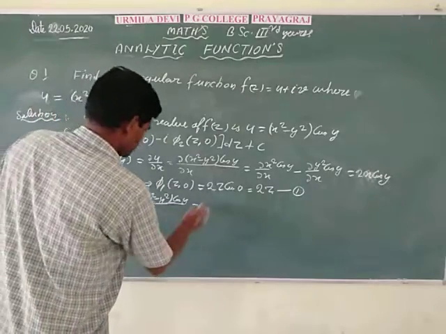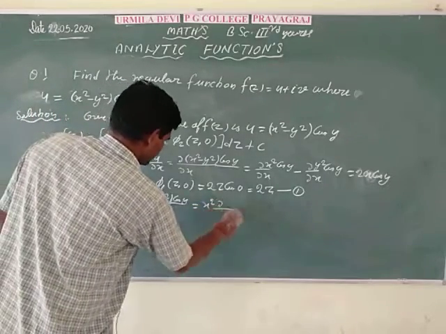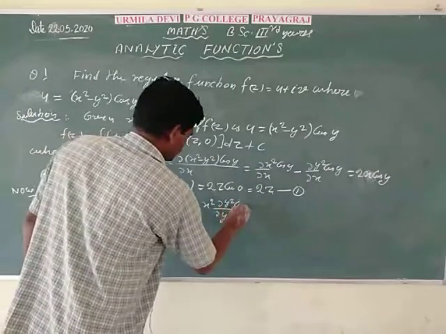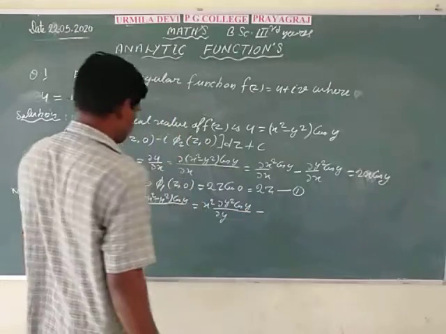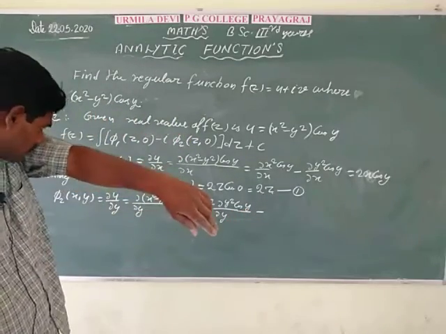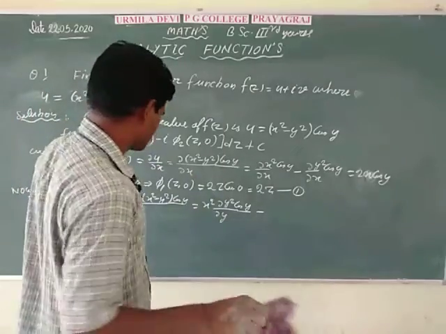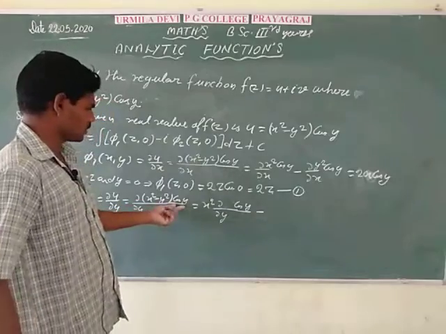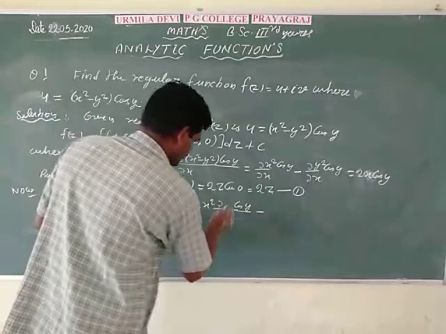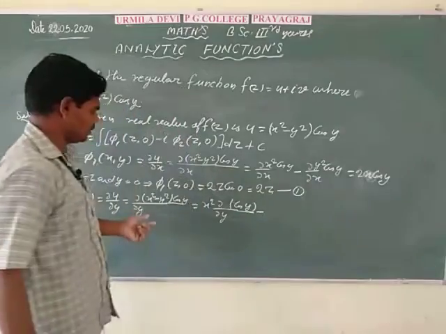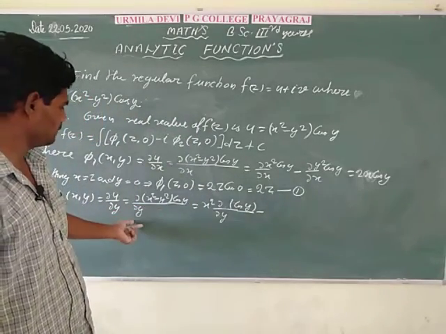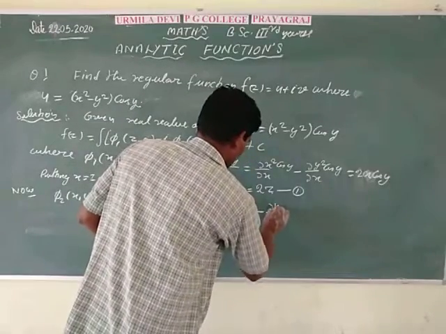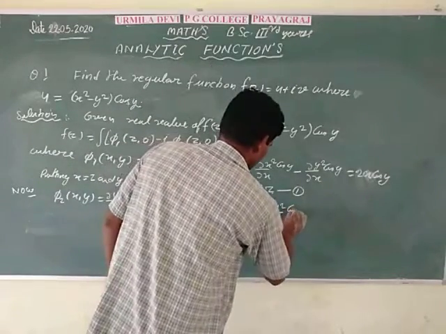Taking x² cos y outside from the bracket and only writing cos y, taking the partial derivative with respect to y, minus ∂/∂y of y² cos y.